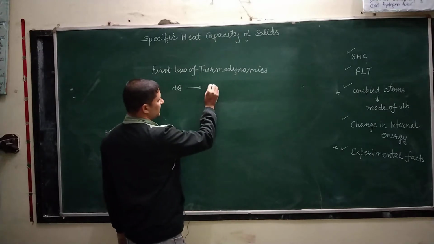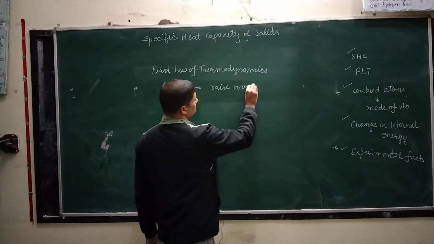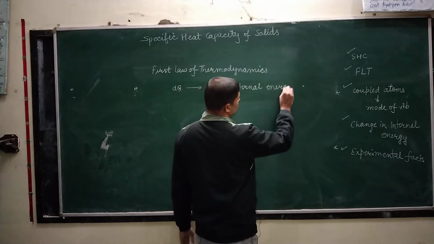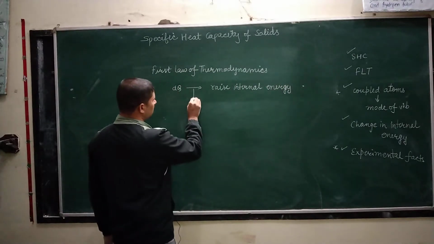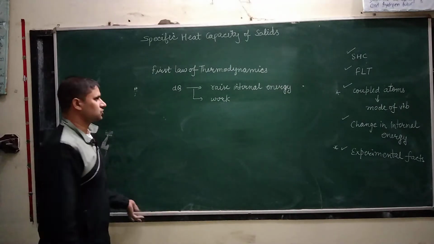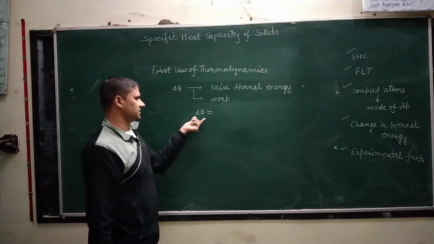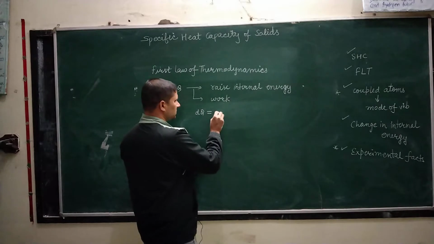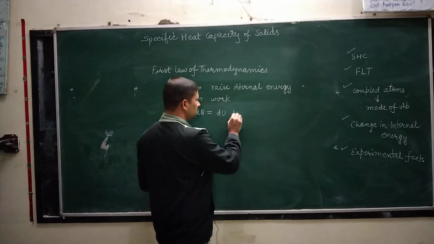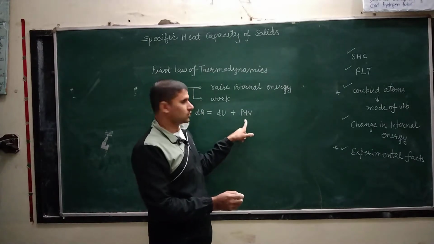One is to raise the internal energy of the substance, and the other is to do mechanical work. Okay class. So if you write it in equation, then the amount of heat energy given to the substance, dq, increases the internal energy, U is the internal energy, and PdV. This is mechanical work. Okay class.